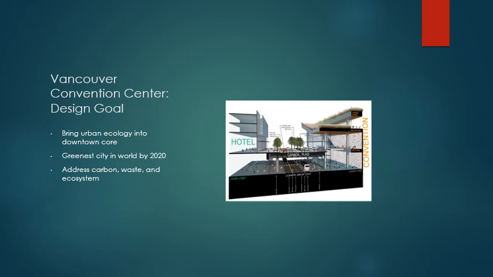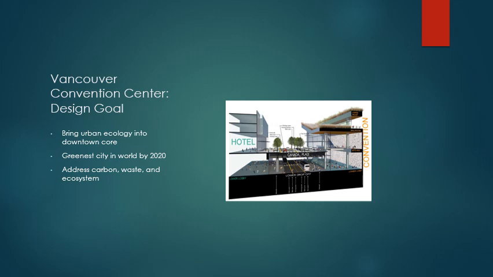The stated goal for this building was to bring urban ecology into the downtown core, and upon its completion in 2009, the City of Vancouver passed an initiative to become the greenest city in the world by 2020, releasing a 10-part action plan addressing carbon, waste, and ecosystems.